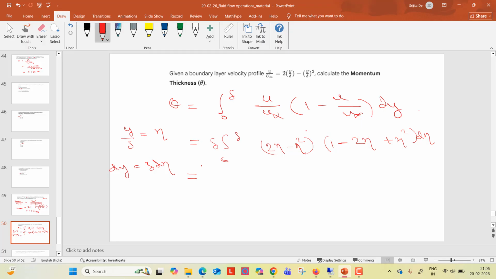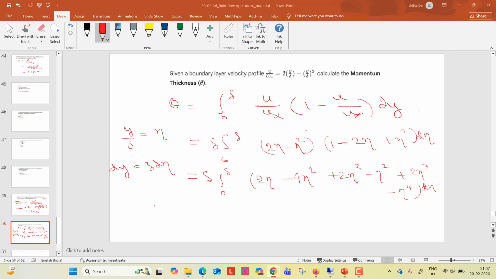If you simplify, and if you remember the integration, if we expand it, it will be delta times the integral of 2 eta minus 4 eta square plus 2 eta cube minus eta square plus 2 eta cube minus eta to the power 4, d eta.